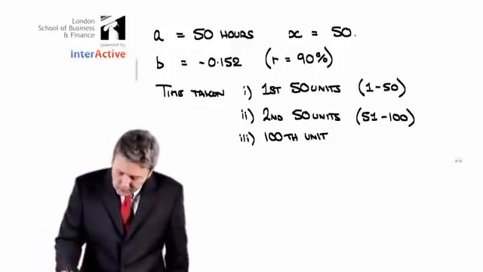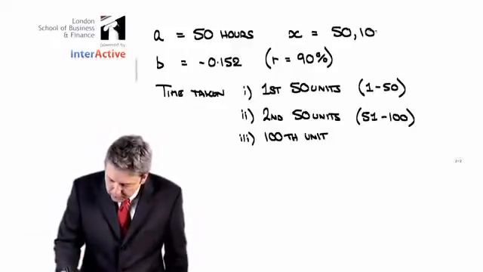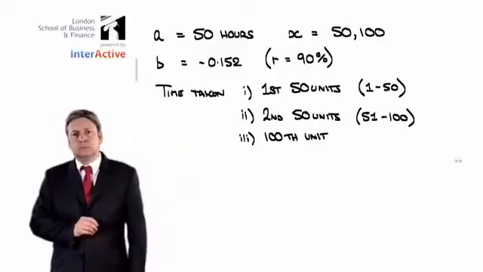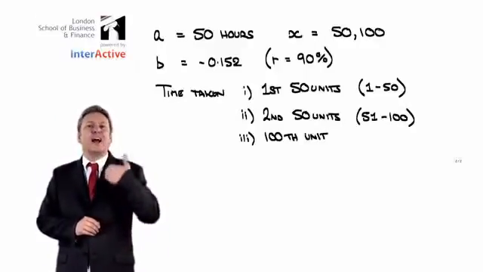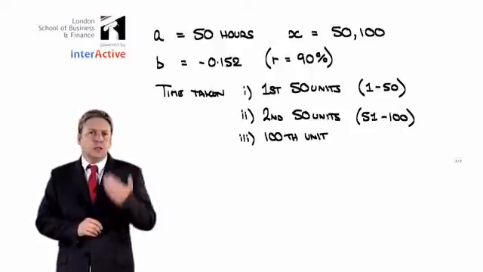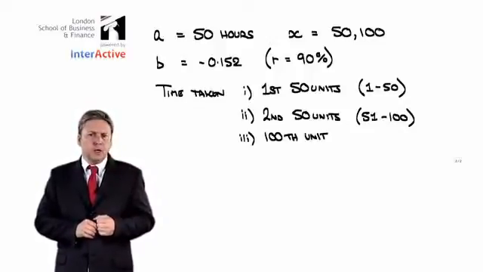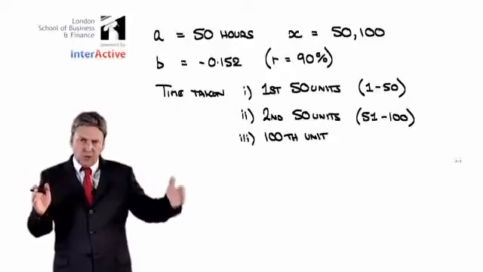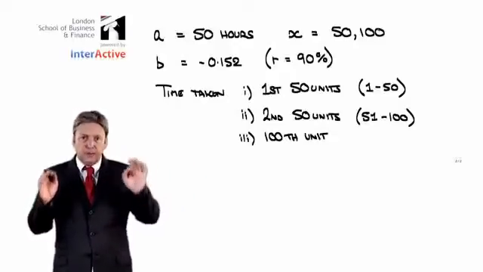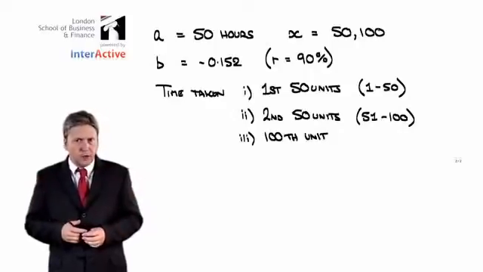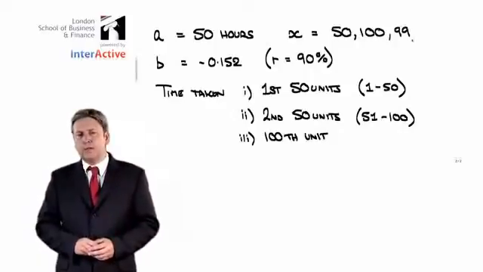So we'll need x equals 100 as well. The other thing we'll need is this. If we want the time taken for the 100th unit, we need the time taken for 100 units minus the time taken for 99 units. If we do that, we'll get the time taken for 100. So those are the values of x.